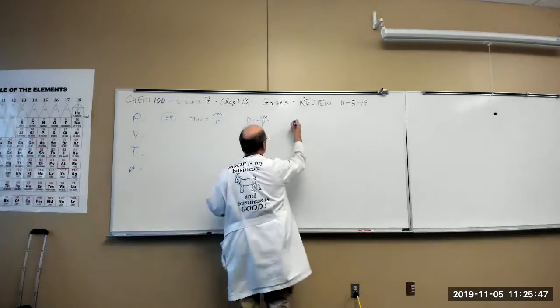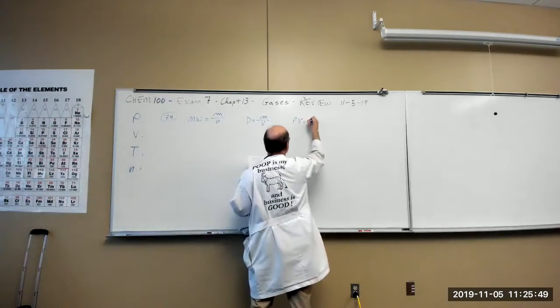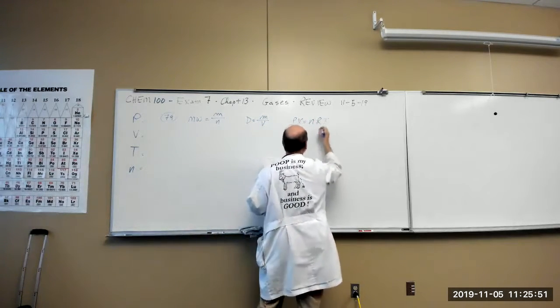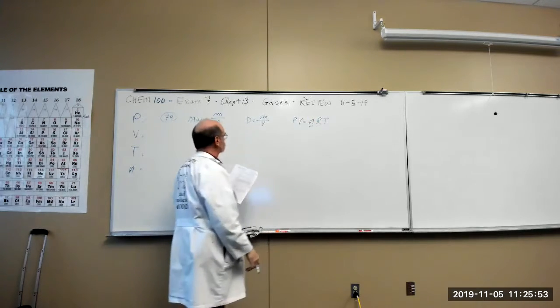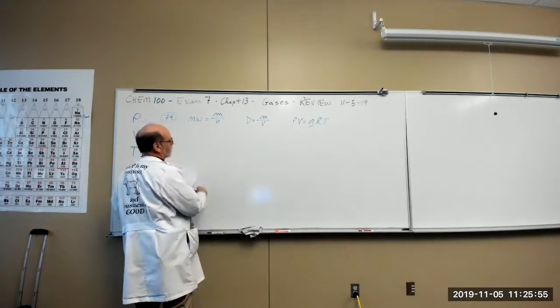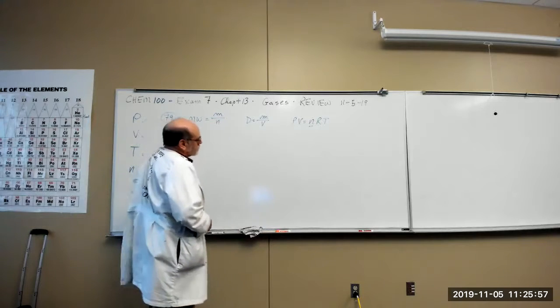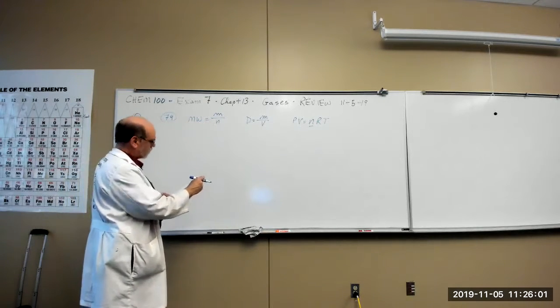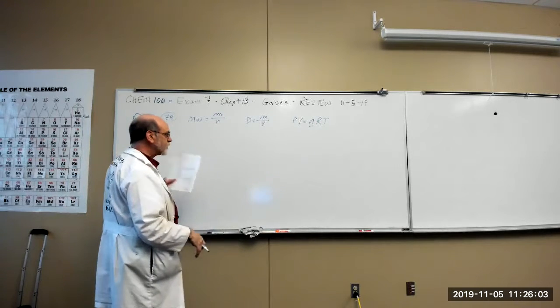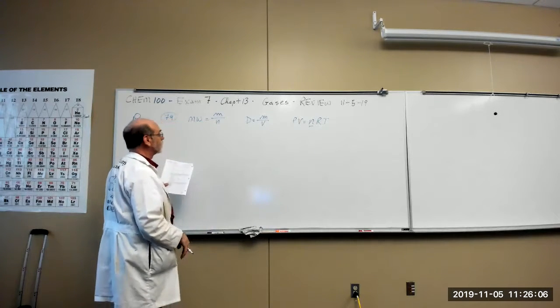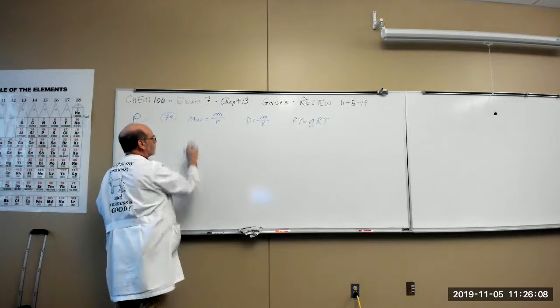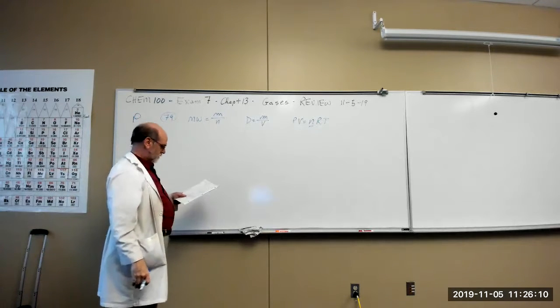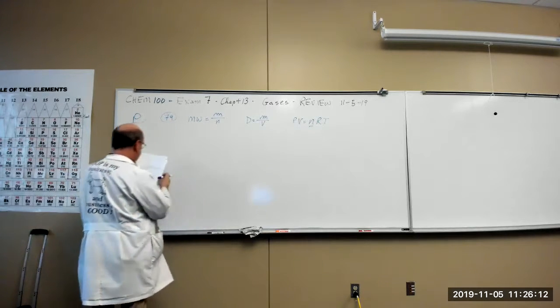But we're also in need of some way to calculate moles, right? So let's take these three equations and see if we can derive something that will give us molecular weight. Right? So let's put what we know.